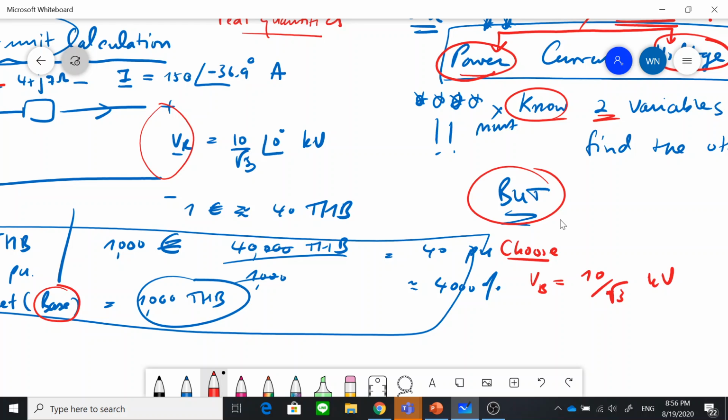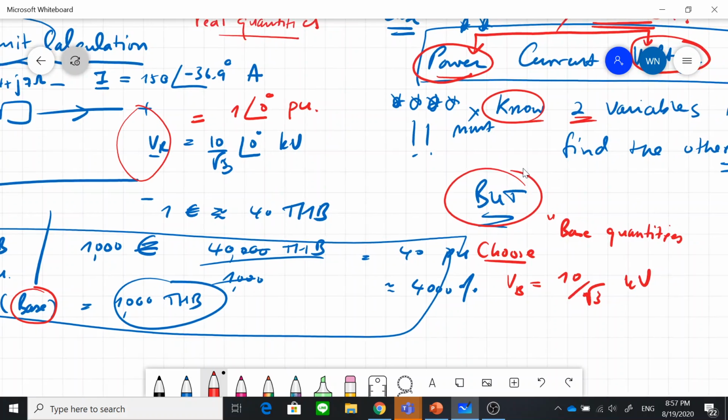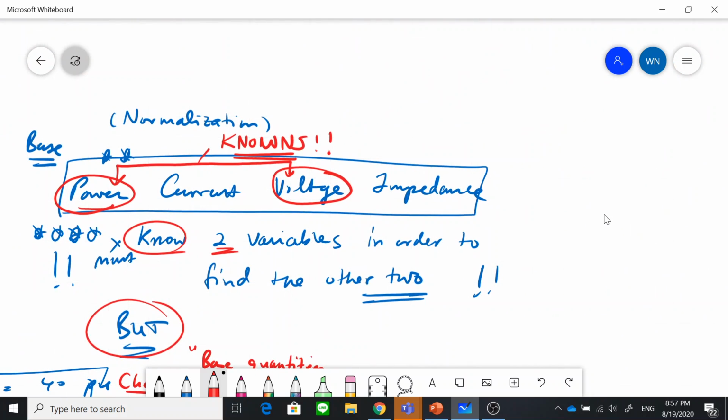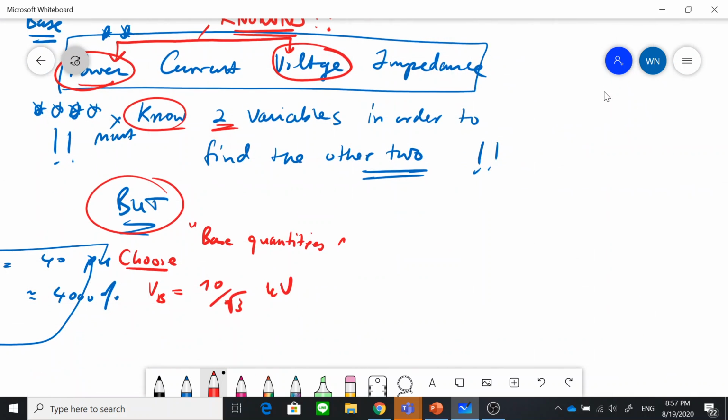Now you can see that if I choose the base to be 10 divided by root 3 kV, this VR would be equal to 1 with an angle of 0 per unit, because I just divide by this value. And remember, this is very important, the base quantity must be real.